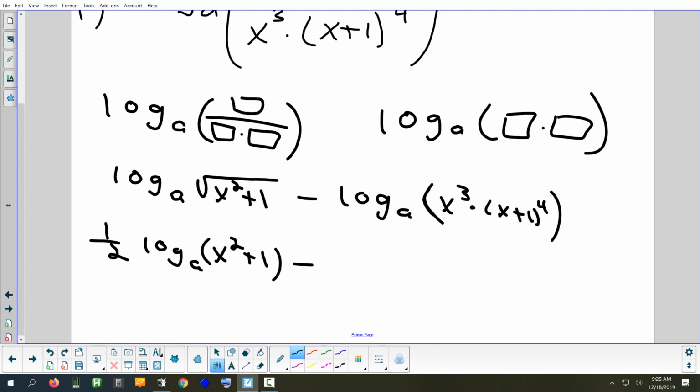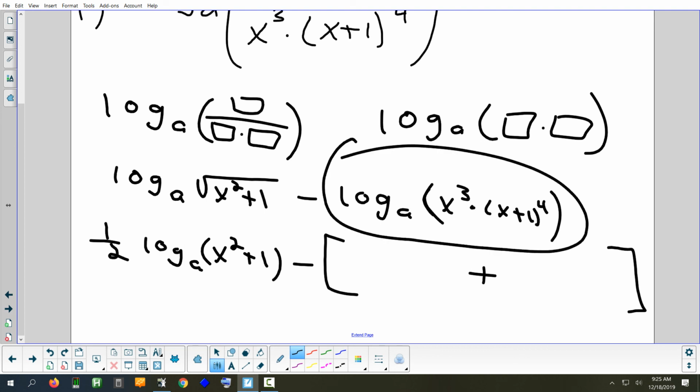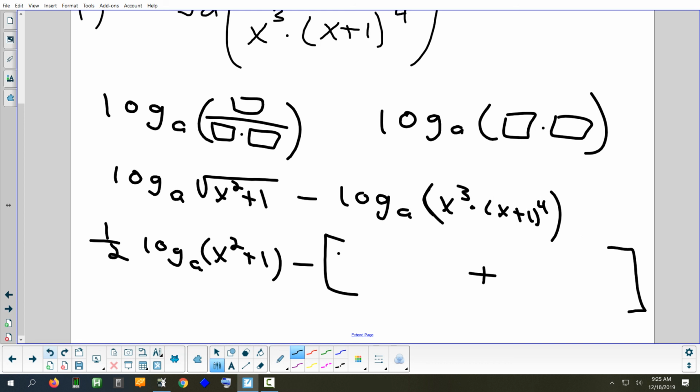Yeah. Something plus something. Right, something plus something. So I'm going to split it up. But I have to remember, however I split it, I'm subtracting this whole thing. Doesn't matter if you split it into 20 things, you're still subtracting the whole thing. That's why I put brackets. Because I got to subtract that whole thing.